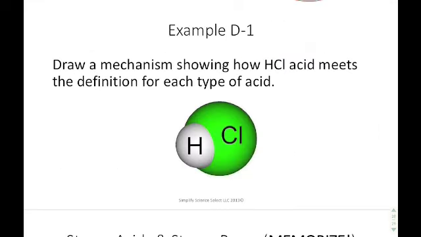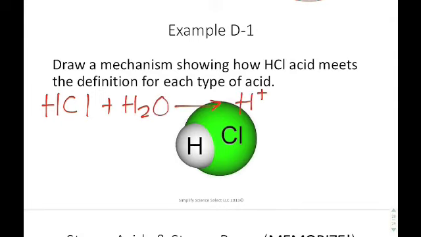So looking at an example, it says draw a mechanism showing how HCl meets the definition of each type of acid. So first we start off with HCl and we add water. Whenever we do that, we produce hydronium and chloride. This right here meets the definition of the Arrhenius acid.